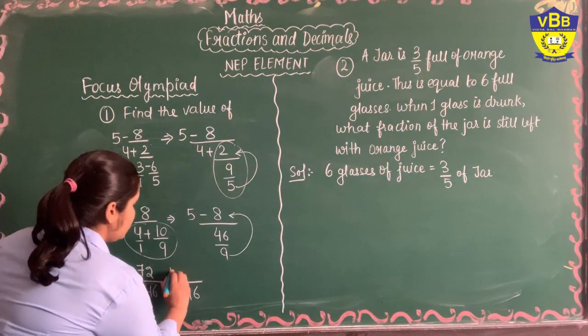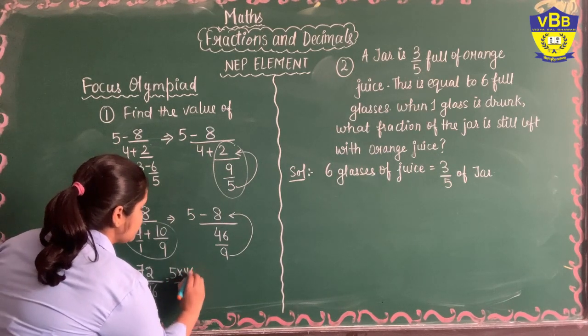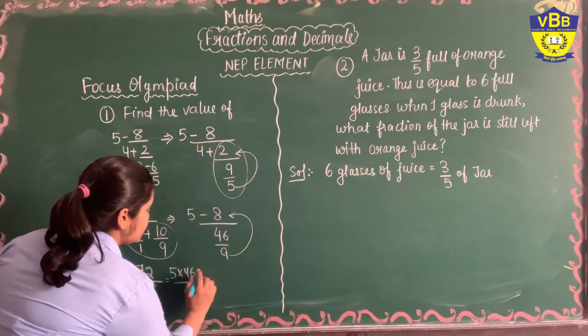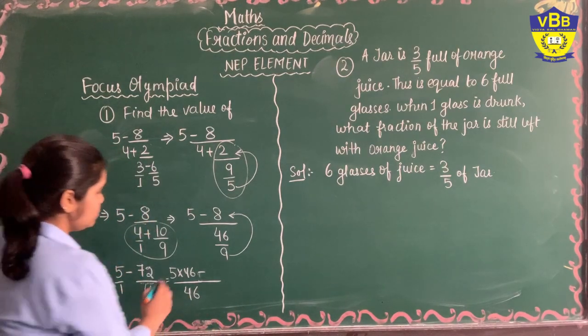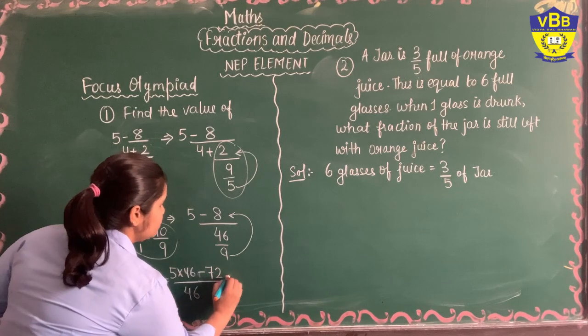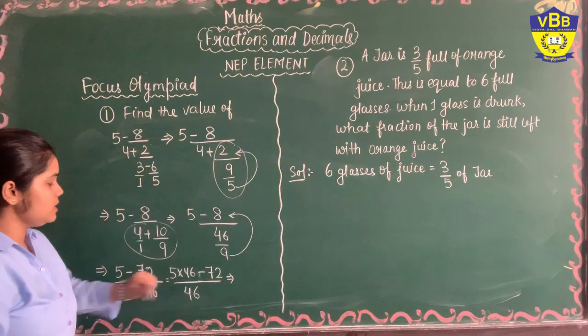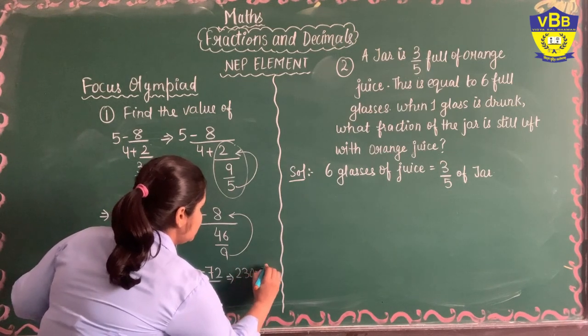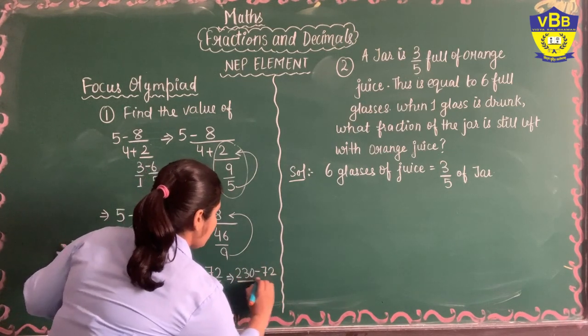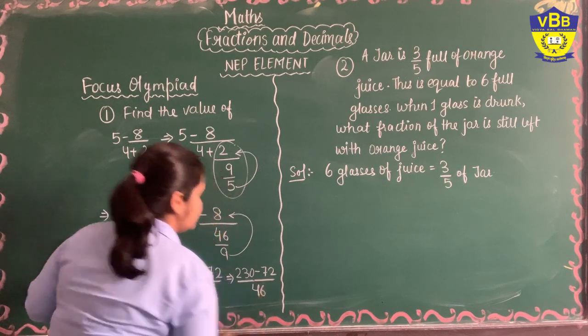So 5 will also be multiplied by 46. Minus, here it is already 46, so no number will be multiplied with 72. It will give you 46 multiplied by 5, which is 230, minus 72 upon 46.